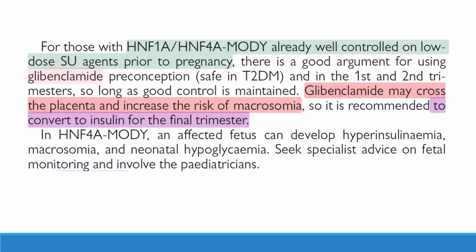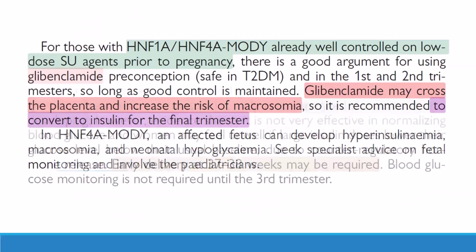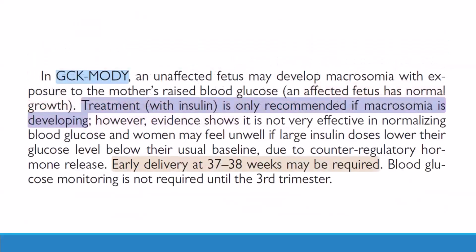This is very important. And HNF1 beta during pregnancy should be treated with insulin, the same as in a non-pregnant female. So don't forget that in glucokinase, treatment with insulin is required only according to specific criteria: if there is a macrosomic baby or fasting blood glucose is elevated more than 125, it requires insulin therapy, as we will discuss in GDM, inshallah.